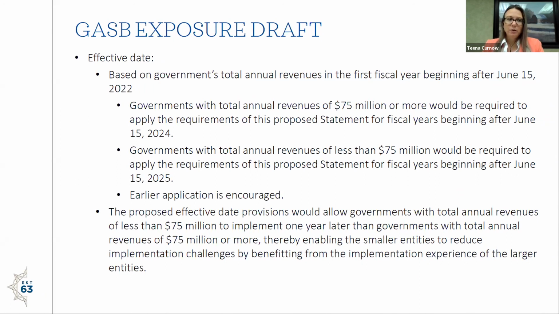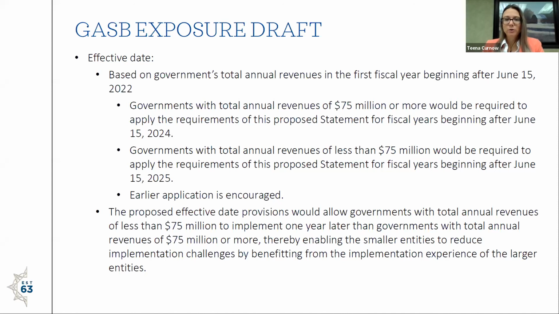In this case, it's a tiered implementation time frame. Everyone will use the same time frame to determine the annual revenues that will dictate the effective date, but the actual implementation requirement will depend on those revenues.